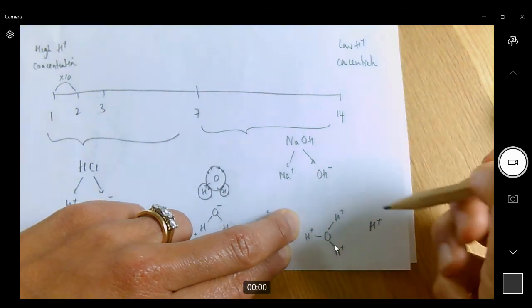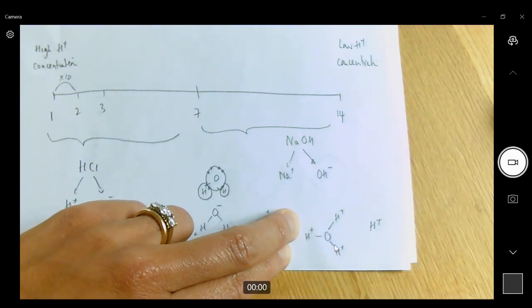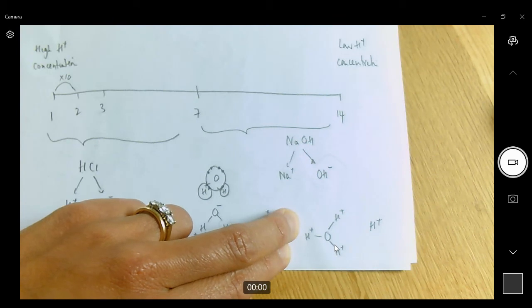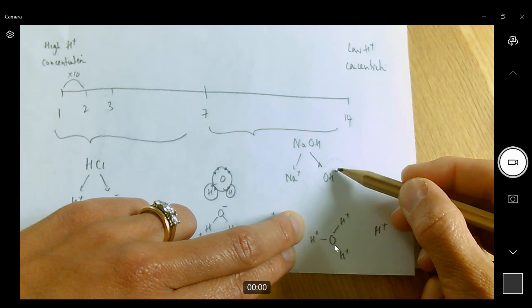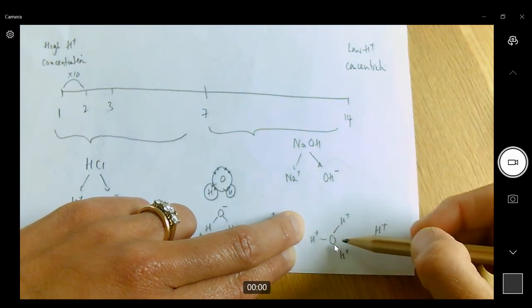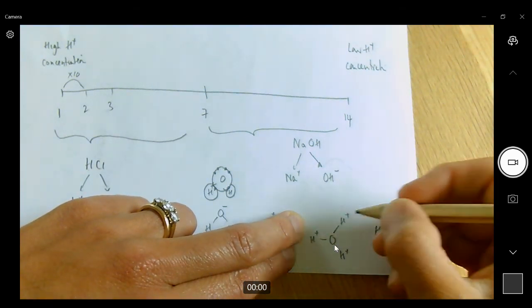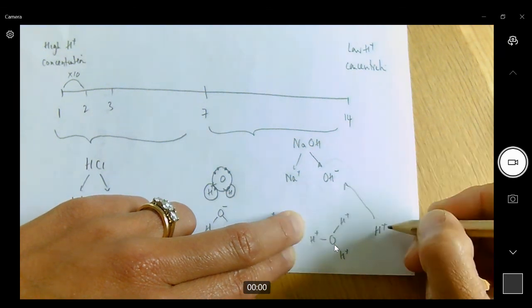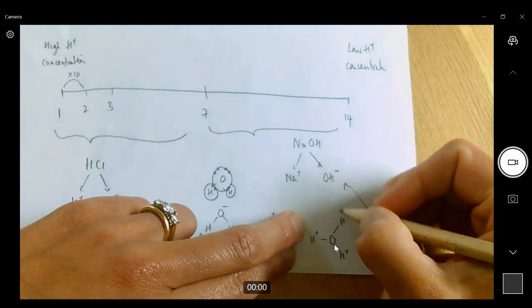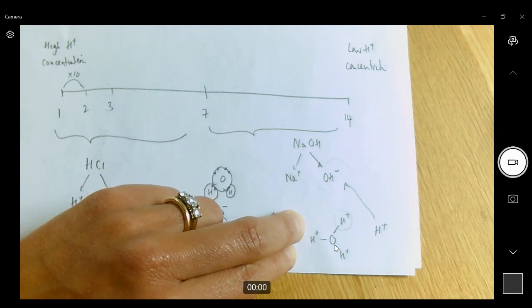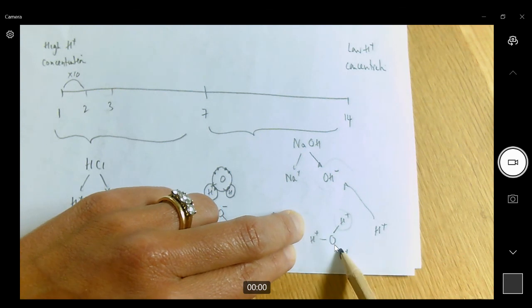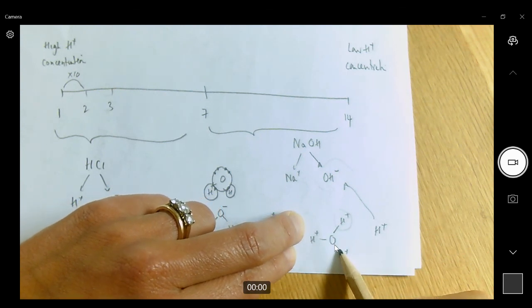So when you add an alkali into a solution of water, where you've got some of these molecules sitting here, these ones in particular, they will react together, and they will pull off one of those hydrogen ions there, which will reduce the concentration of those hydrogen ions or hydroxonium ions in solution.